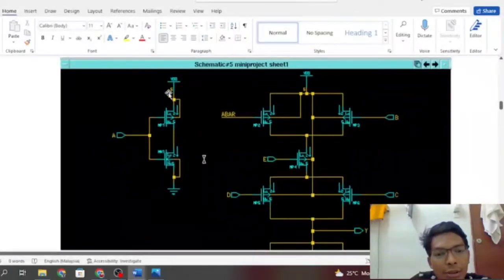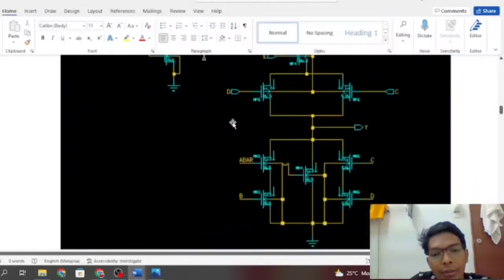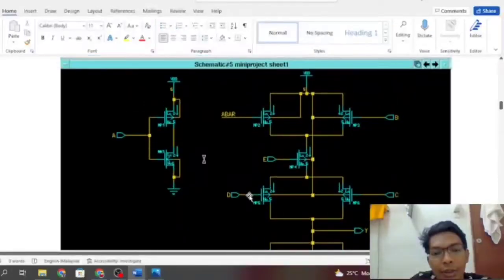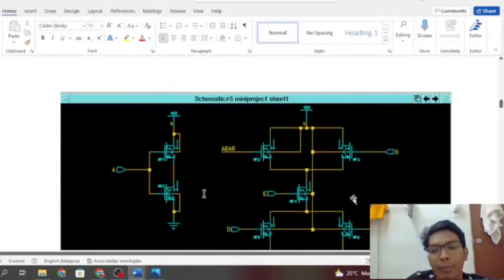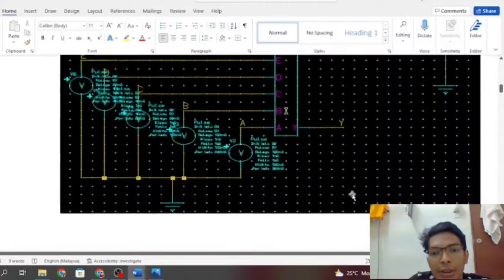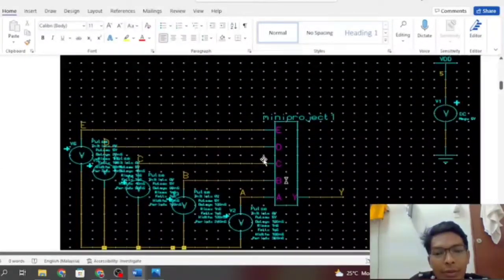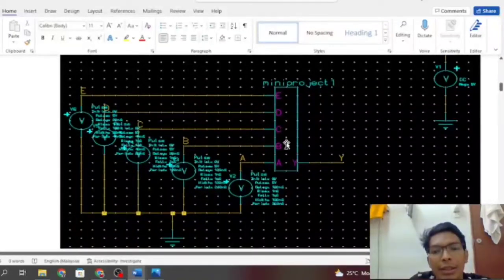For the inverter, the inverter is connected only to A. For the output is Y. And this is for the test bench. In the test bench, the inputs A, B, C, D, and E are connected to voltage, and this is the output Y. That's all from me.